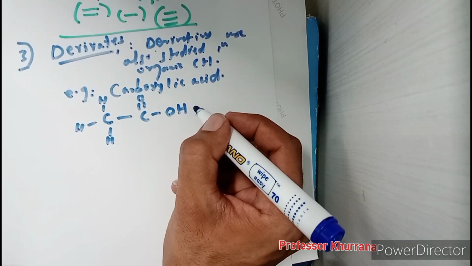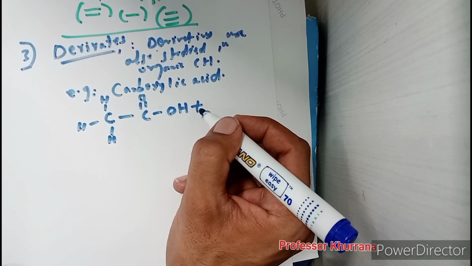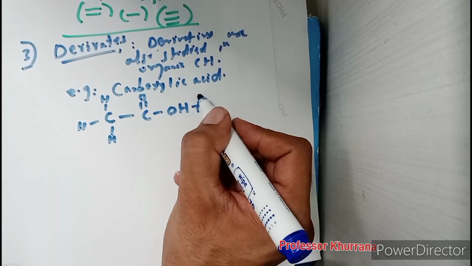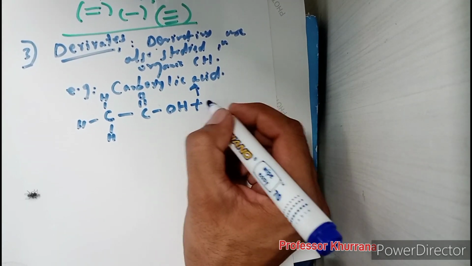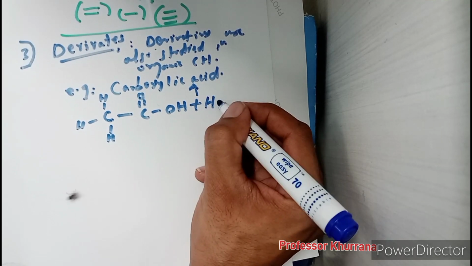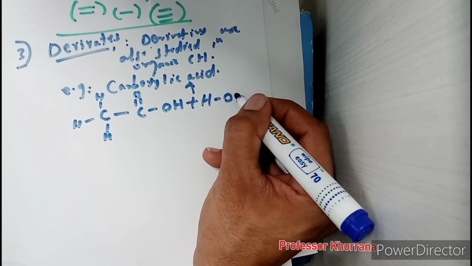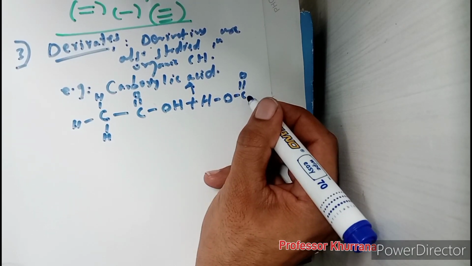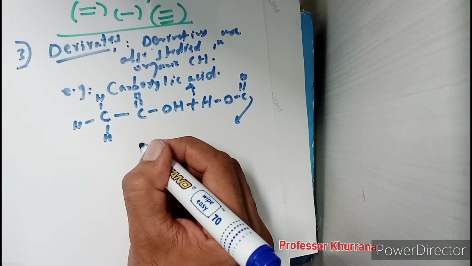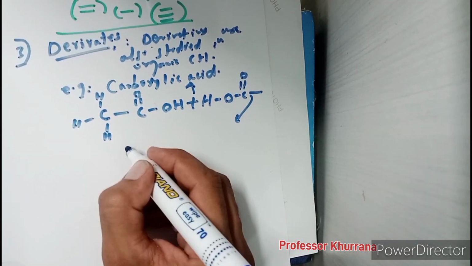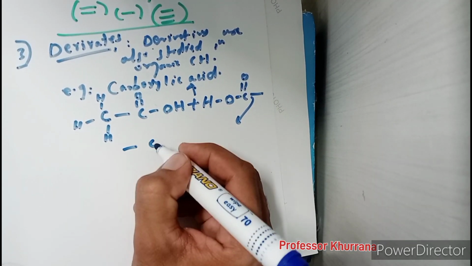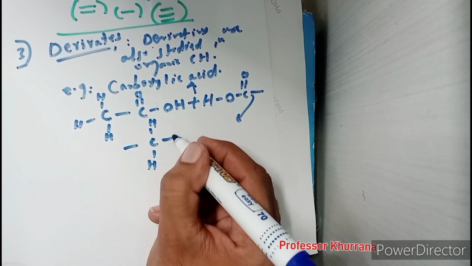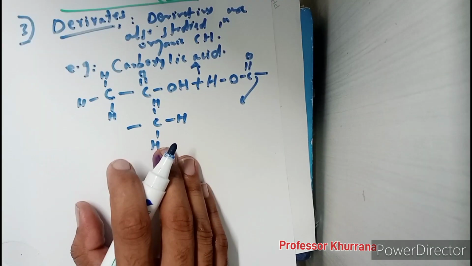Now we will react it with another carboxylic acid. So hydrogen, oxygen, carbon, double bond with oxygen, and carbon has a single bond attached to another carbon, and this carbon is attached to 3 hydrogens.